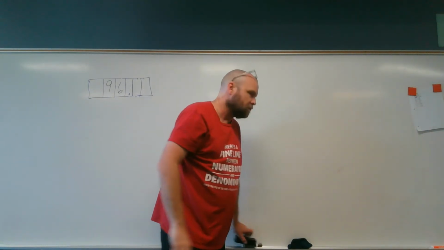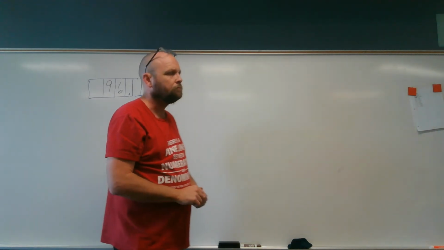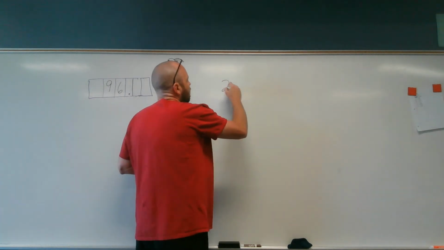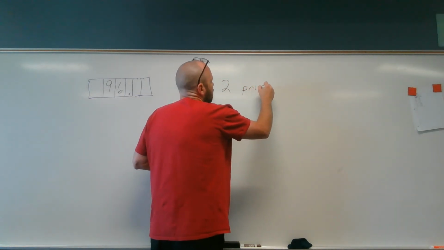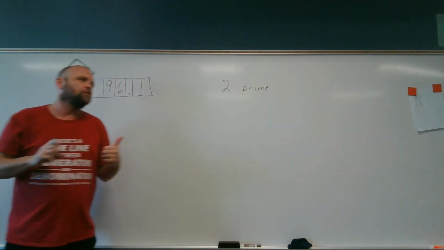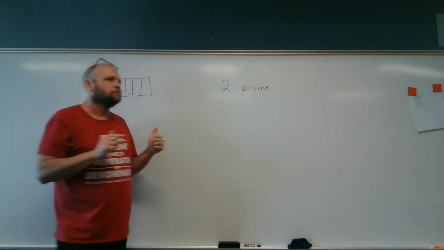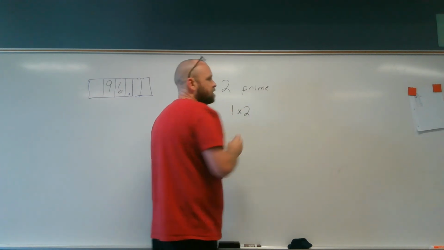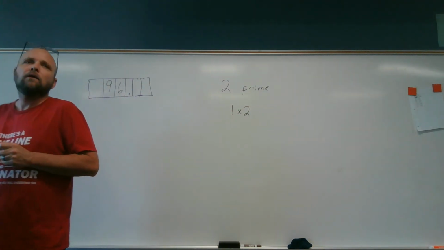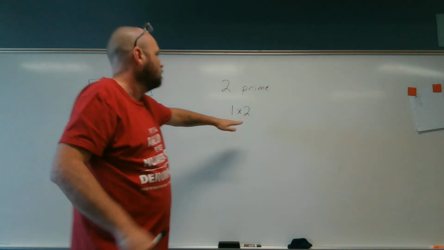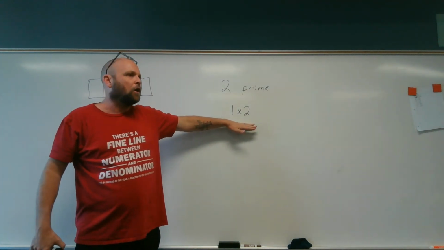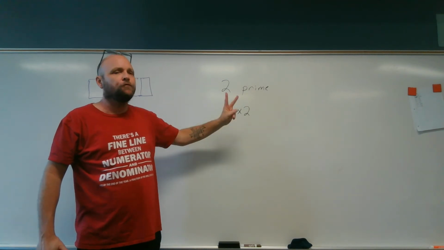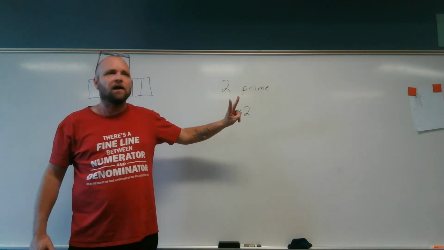Kendall, you had a question. Why is 2 prime? Tell me the factors of 2. Nope, those are multiples. 1 times 2. The only factors of 2 are 1 times 2. A prime number has only 2 factors, 1 and itself.